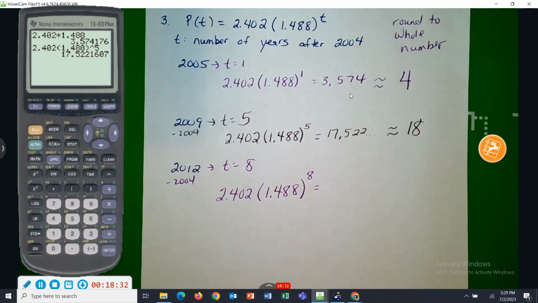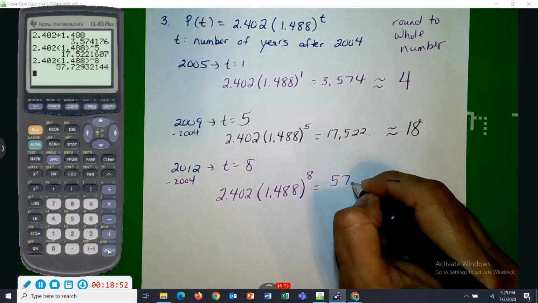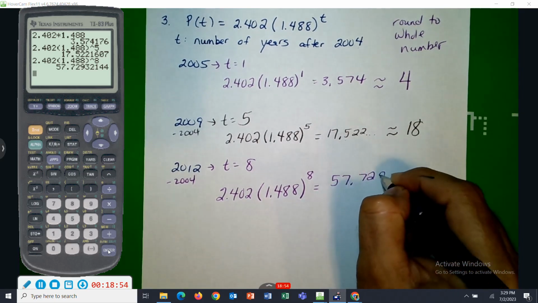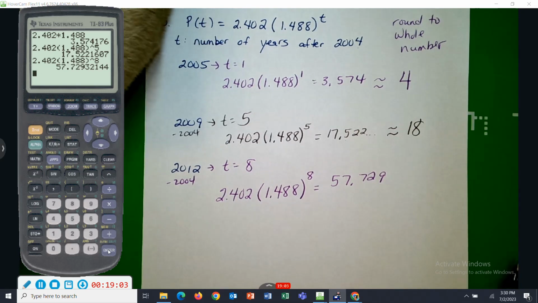It's just the same thing as this one here. I could go second entry and just move back and replace that 5 with the 8. Enter. 57.729. Okay, so 57.729. We will round that how?